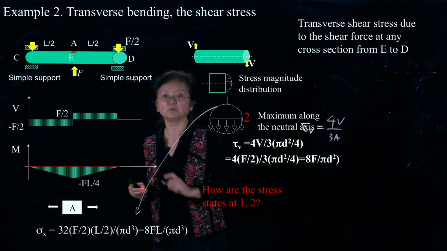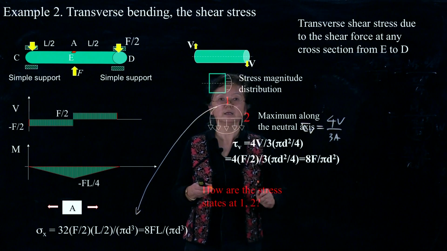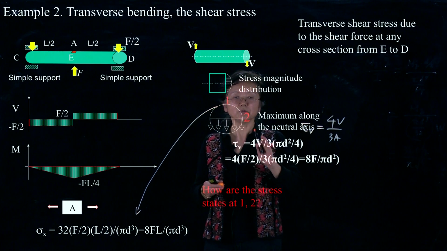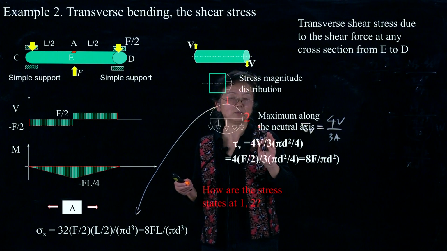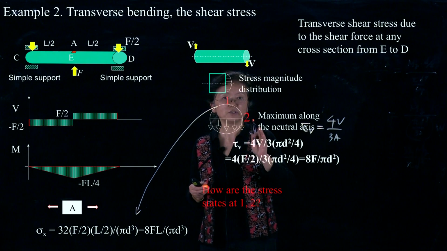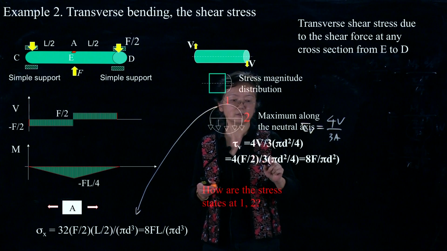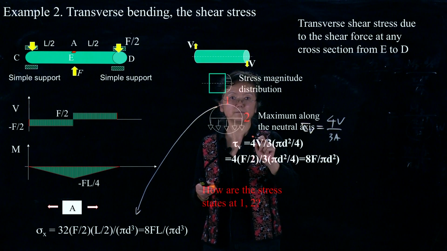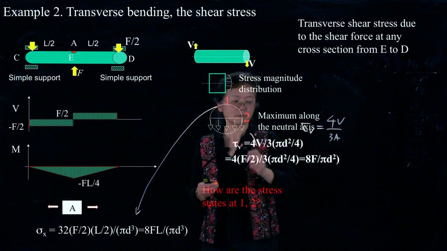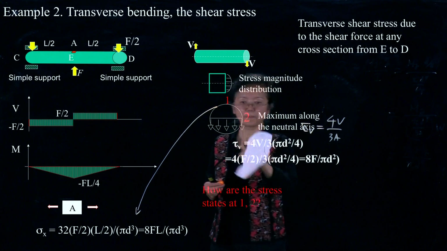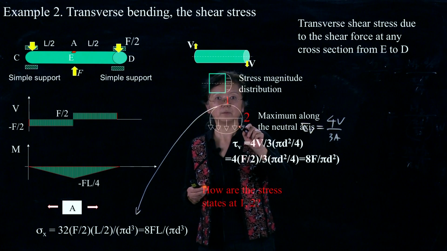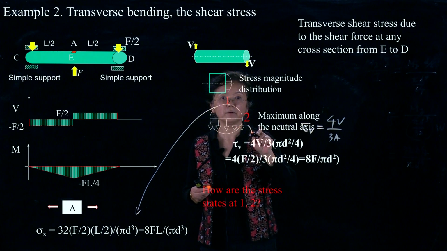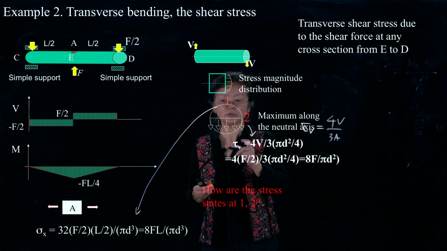Okay, we only have normal stress at point 1. At 2, do we have a normal bending stress? No, we don't. So we only have the shear stress. So at point 2, we only have this shear stress.